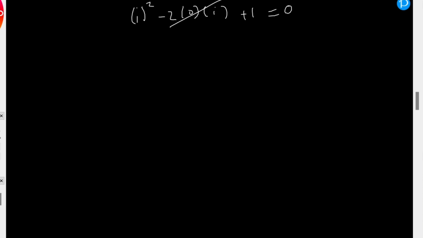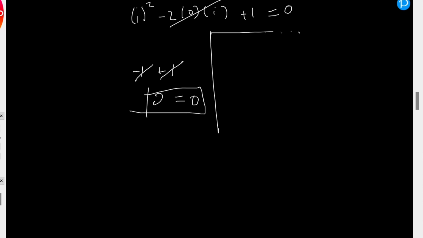This cancels out, and what you're left with, well, i squared is just minus 1, and then you're left with minus 1 plus 1, which is 0. And we have finished. This is how you solve a Diophantine equation using the completing the square method.